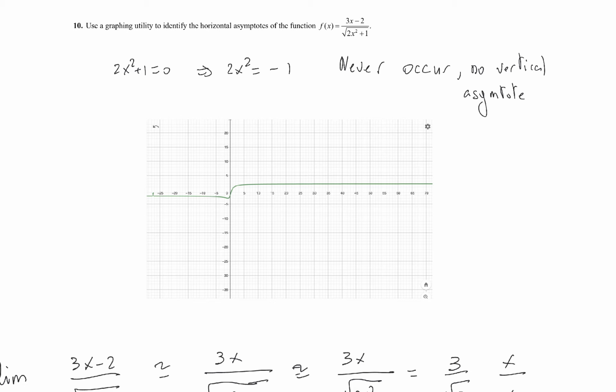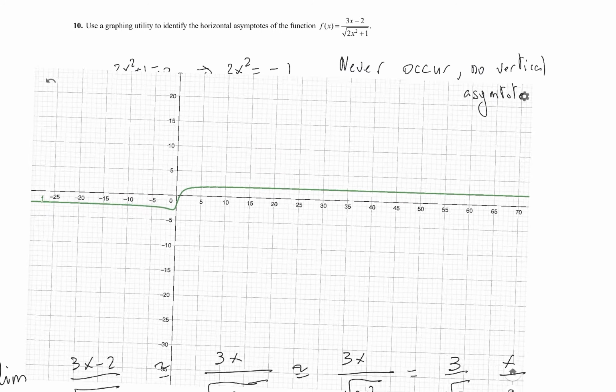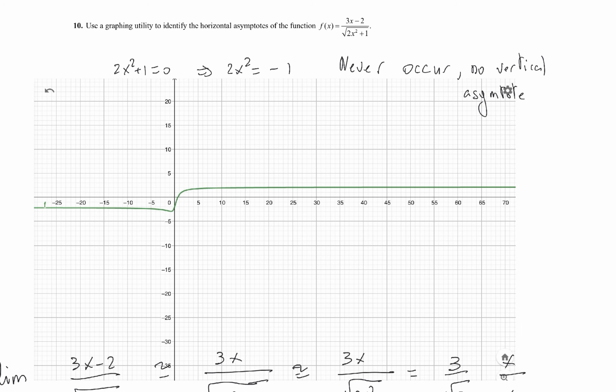So if you use a graphing utility, like GeoGebra, it will do something like this, and as x approaches infinity, you will see that this function approaches more or less 2 point something, maybe 1.9.